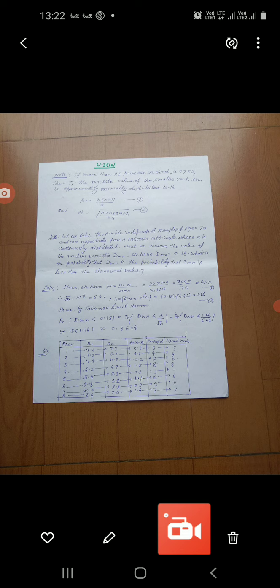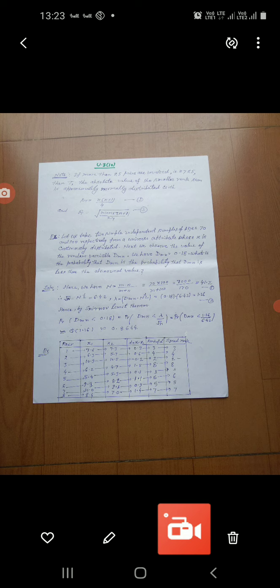Similarly, for pair number 4, we have observations 6.2 and 4.7, and its difference is 1.5. For pair number 5, we have observations 5.4 and 5.3, and its difference is 0.1. For pair number 6 we have 9.3 and 8.2, and its difference is 1.1.